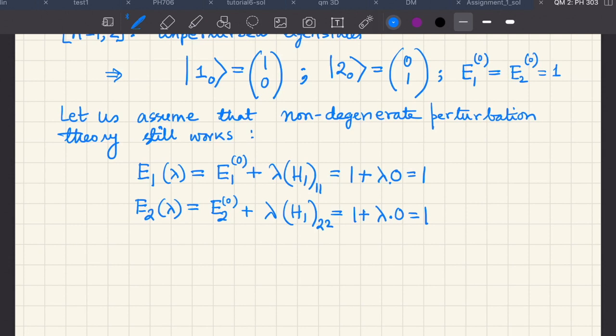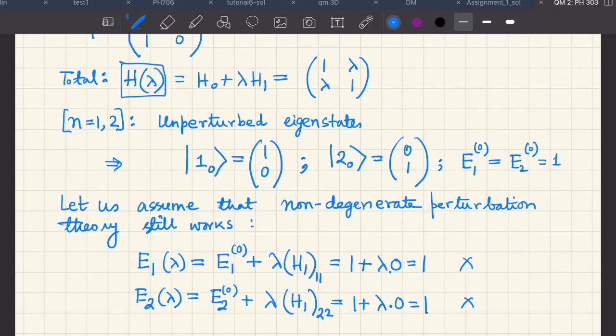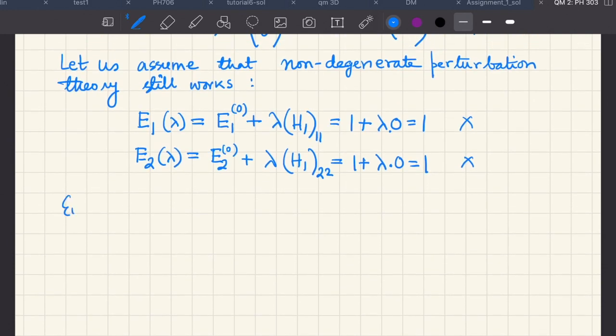However, these answers that you have calculated using this are wrong. We can compute the exact eigenvalues of the full matrix H of lambda, and you can see what these eigenvalues are. If you calculate the eigenvalues of this matrix H, you will see that the eigenvalues of the full matrix H are nothing but 1 plus minus lambda.